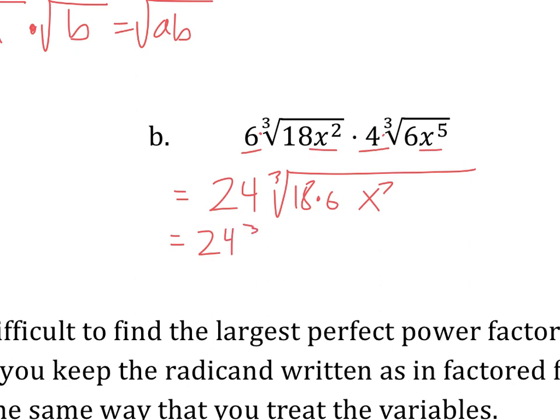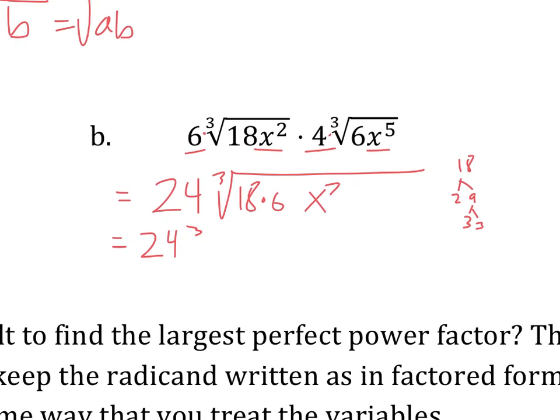And so this is a good time to use the factoring, okay? So if we write this out here, all right? So we have 18. 18 is 2 times 9, and 9 is 3 times 3, right? And we know that 6 is 2 times 3, okay?